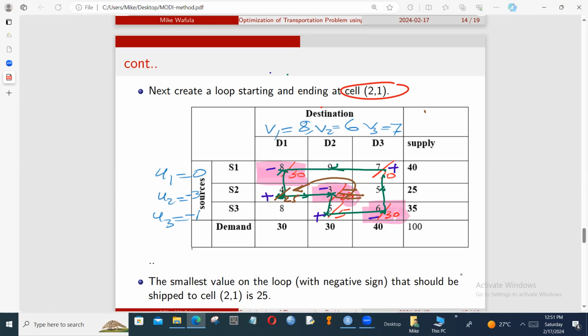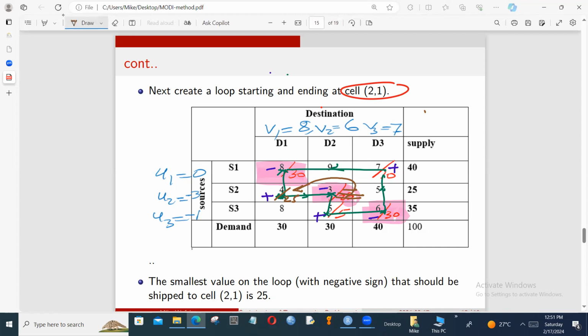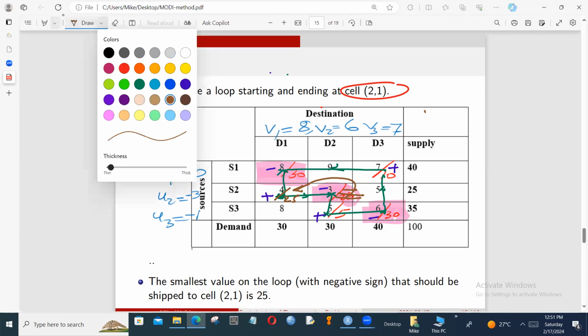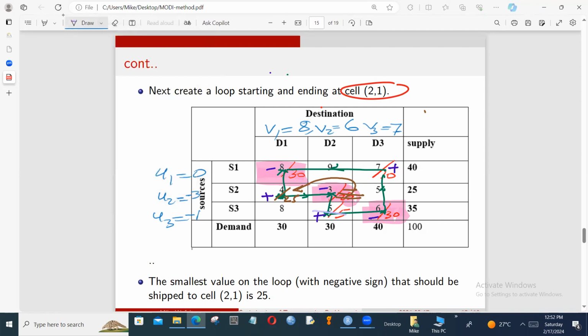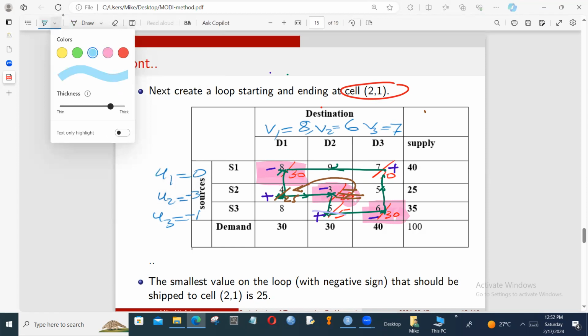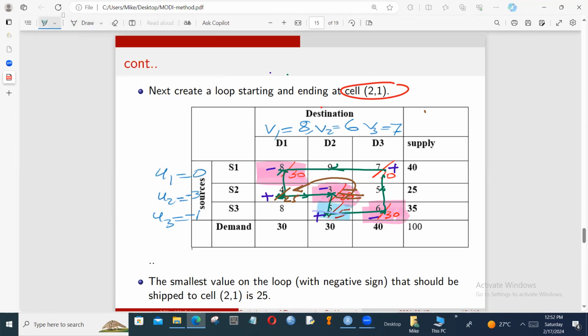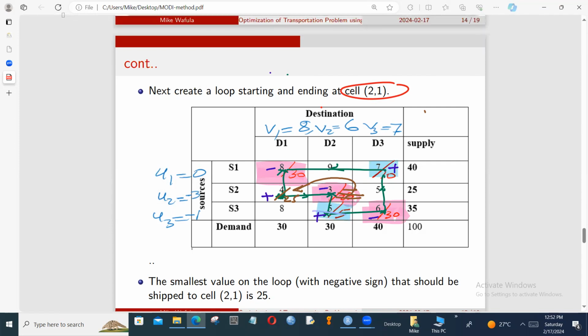So the cells with the positive sign, if I may highlight them, are this particular cell, this one, actually those ones plus the starting point itself.